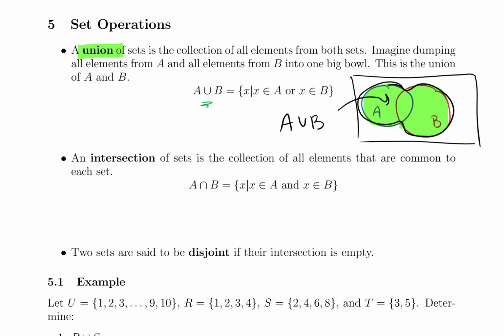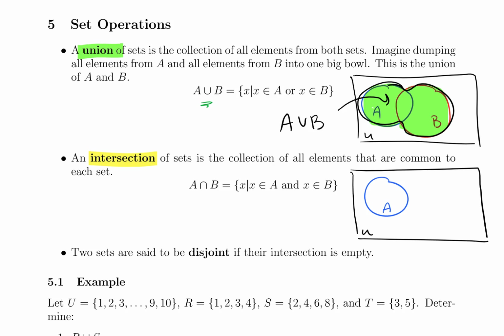Okay? Now an intersection is the overlap of the two sets. And just like a union, you can do this with more than two sets. So there's nothing that says that you can only union or intersect two sets. So if we have our universal set, that's our larger space, and then we have set A and set B, the intersection is only the space where they overlap.